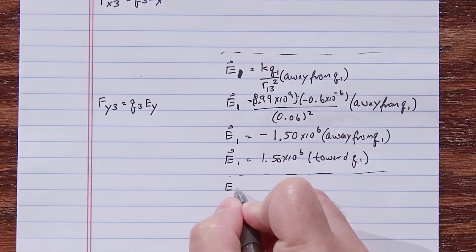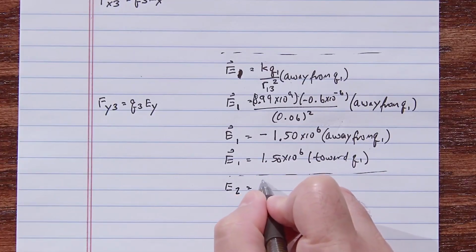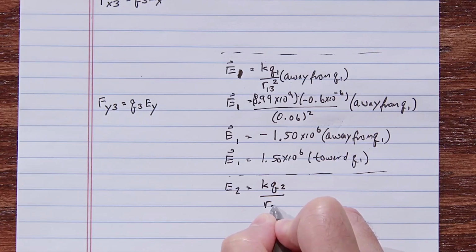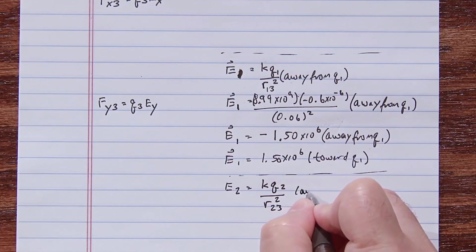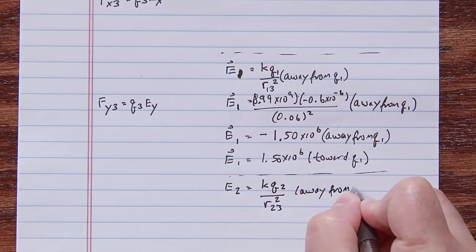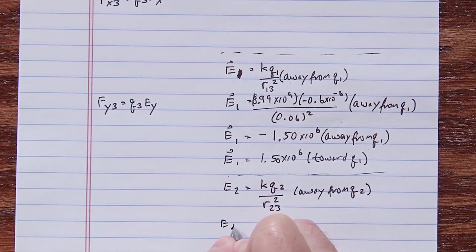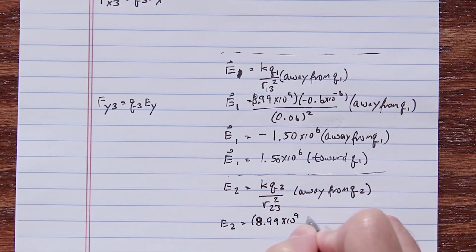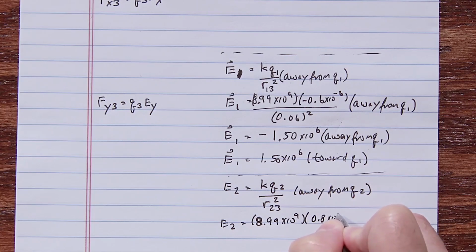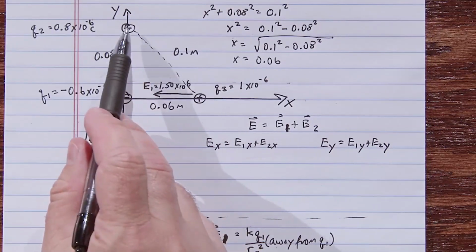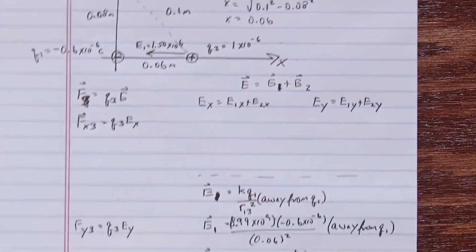So E2, we'll call that E2, would be k Q2 over r23 squared away from Q2, or E2 is equal to k, which is 8.99 times 10 to the 9 times Q2, which is 0.8 times 10 to the minus 6, divided by the separation of Q2 and Q3, which is 0.1 meters.